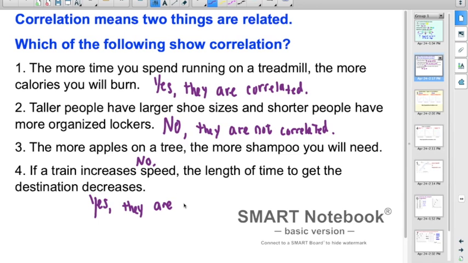If we increase the speed of a train that we're on, it will take less time to get to the destination. Just like if you're in a car on the highway and you increase your speed from 65 miles per hour to 80 miles per hour, then it's going to take less time to get to your destination. Okay.